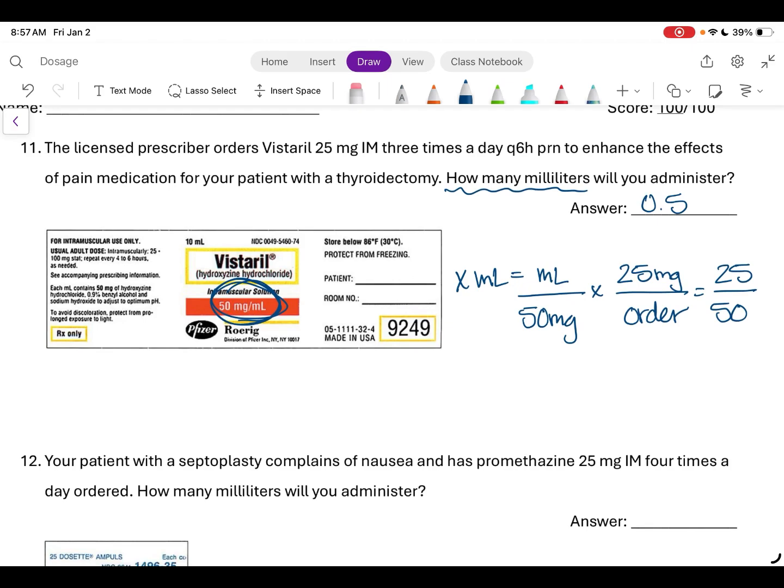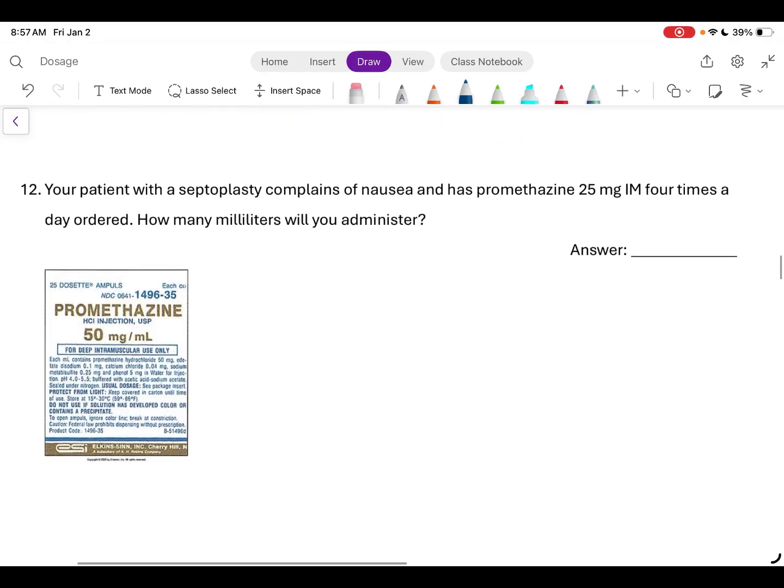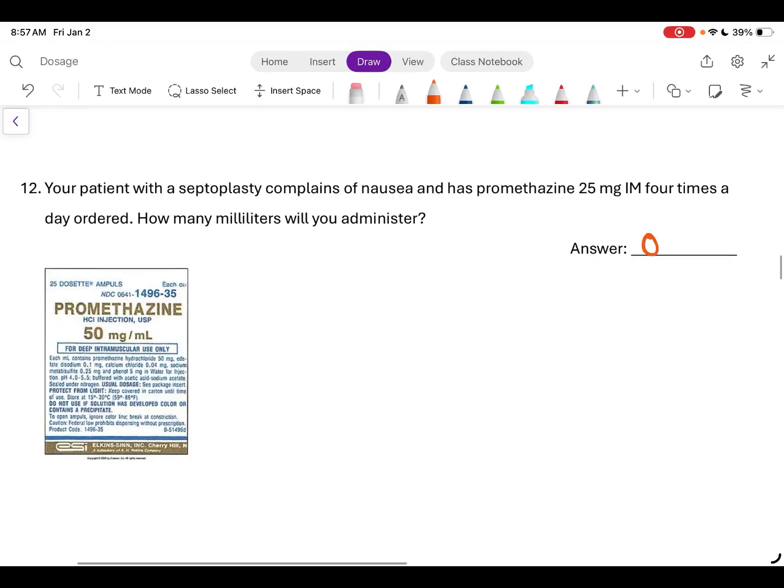Your patient with a septoplasty complains of nausea and has promethazine 25 milligrams ordered. How many milliliters will you administer? Again, you could just look at this and figure out that it's 0.5. Oh, I don't know how I switched to blue. And you will be correct. X mL. 1 milliliter is 50 milligrams.